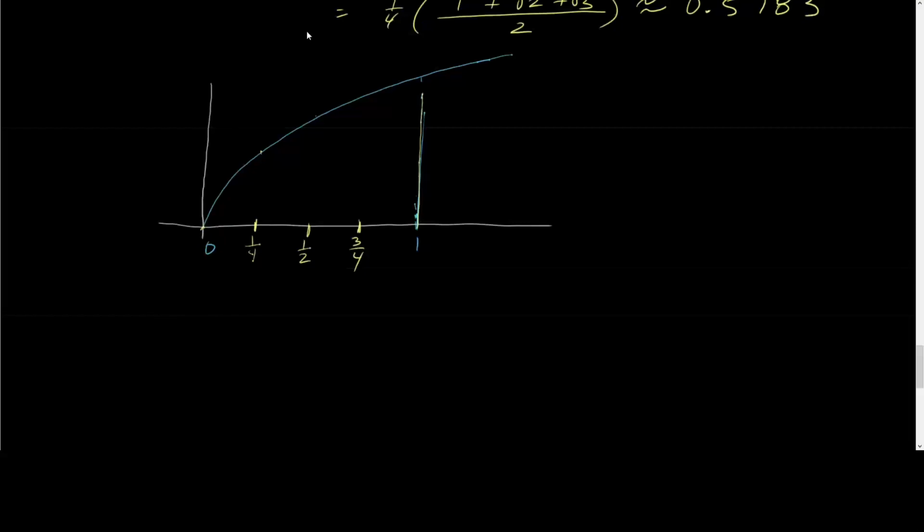But now, let's look at the upper sums. In that first interval, this value is the highest value of that function. So this is the rectangle that we're concerned with. And this one, this is the point up here, right? So this is the rectangle, and the next one, it's this rectangle. The last one, it's this rectangle, right?